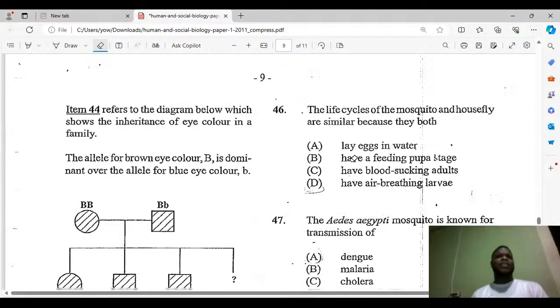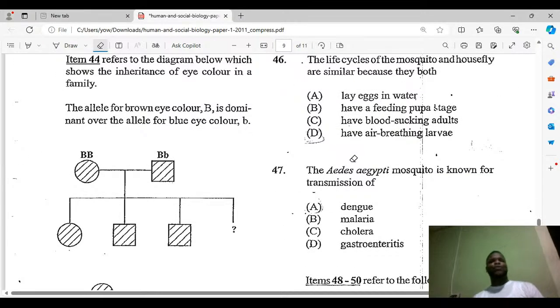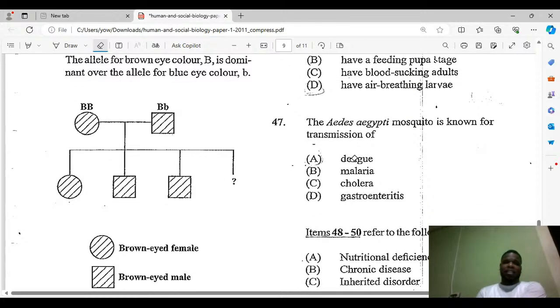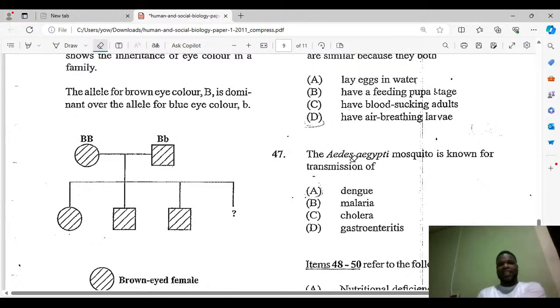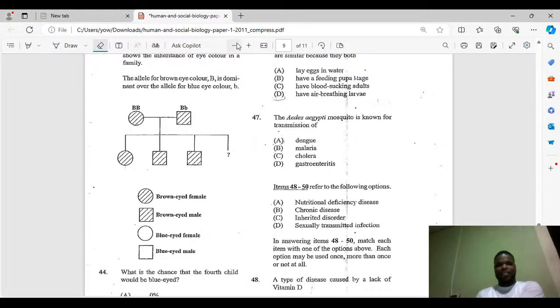Question 44, refer to the diagram below, which shows inheritance of eye color in a family. The allele for brown eye color is B, which is dominant, and the allele for blue eye color is recessive. Make sure you have that.